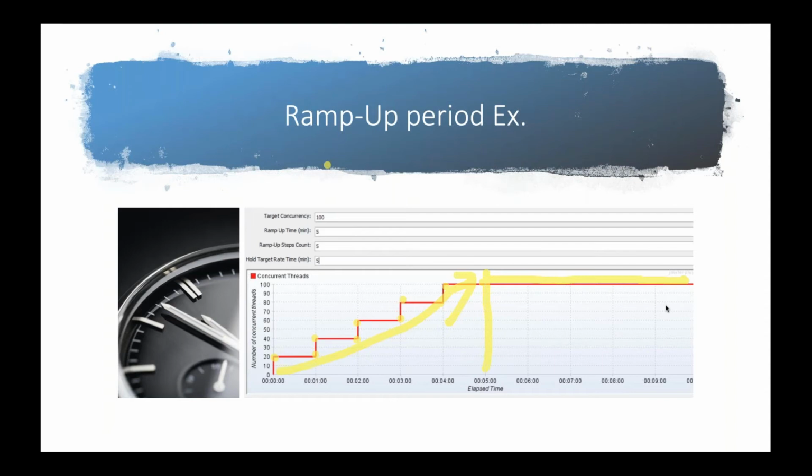What is ramp up steps count whole target rate? So ramp up means, our intention is to hit the server with 100 users. That's the reason we have written 100 here, in the first input, for example.